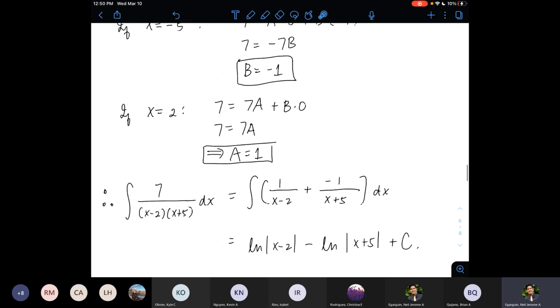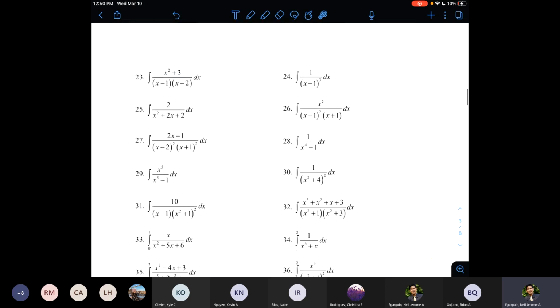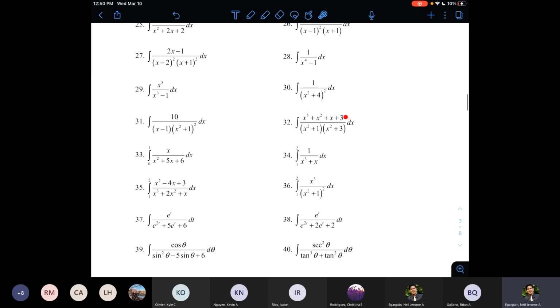So probably we'll do it on Friday. We'll look at some examples like example 32. For example 32, you have a quadratic factor here and another quadratic factor here. Both quadratic factors are not factorable anymore.